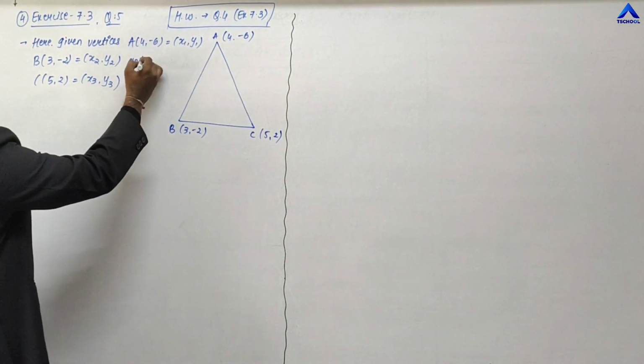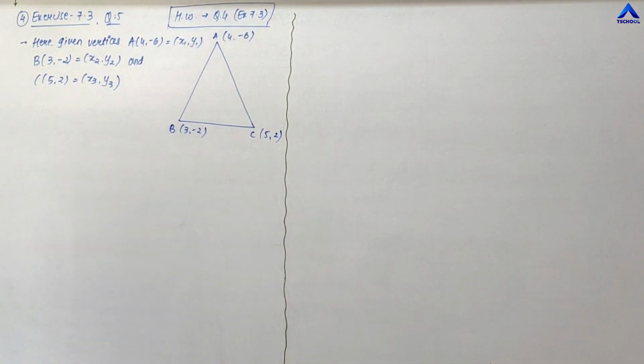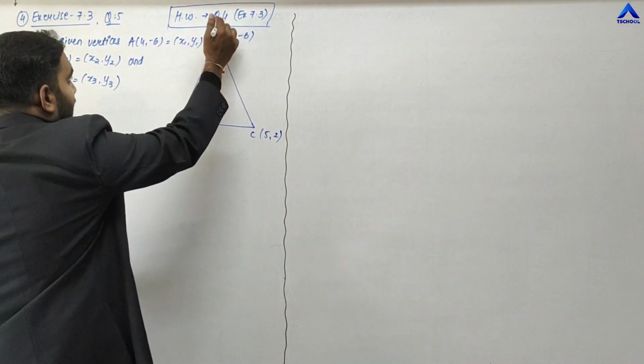Okay, so we have taken these three vertices A, B and C as x1 y1, x2 y2 and x3 y3.